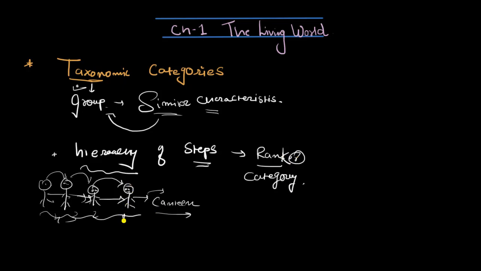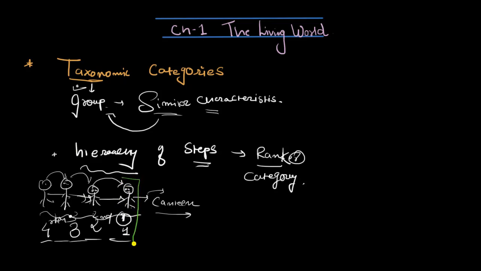This is the first person, so here comes the very first rank. Because this person follows the first person, he becomes the second one. Because he follows the second, he becomes the third, and here he becomes the fourth. So you actually give a rank to all of them.